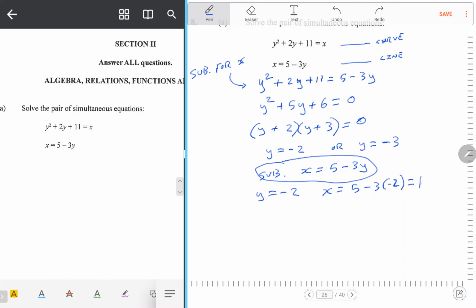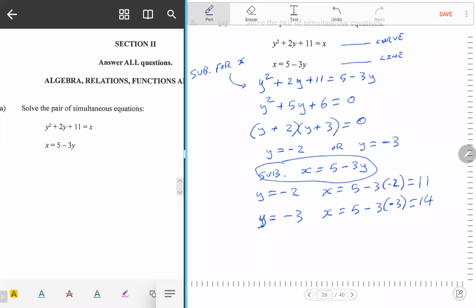So this is equal to 11. And when y equals the other y value, negative 3, x equals 5 minus 3 times negative 3. And this right here is just a positive 9. Minus 3 times minus 3 is a positive 9. So you're really adding 9 to the 5. So 9 and 5 is 14.